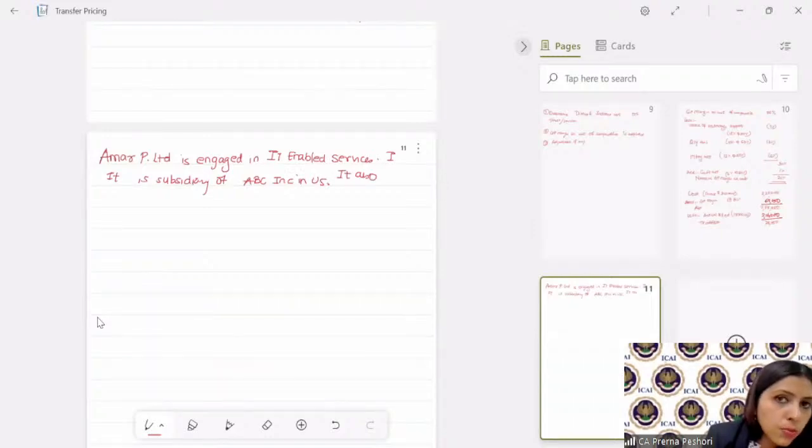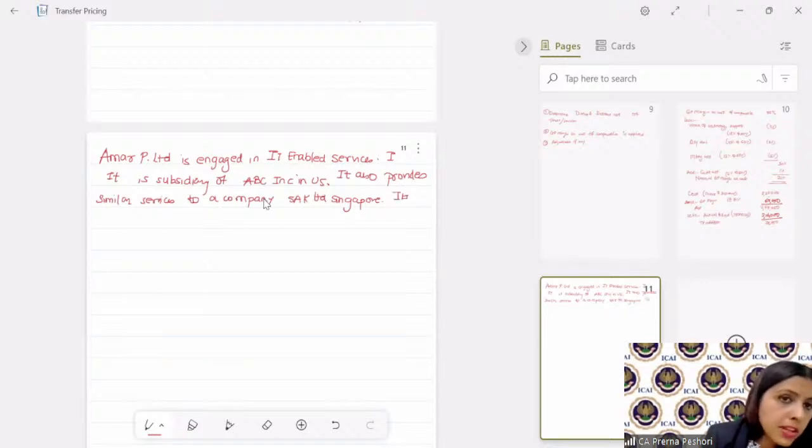It also provides similar services to a company SAK Limited, Singapore.